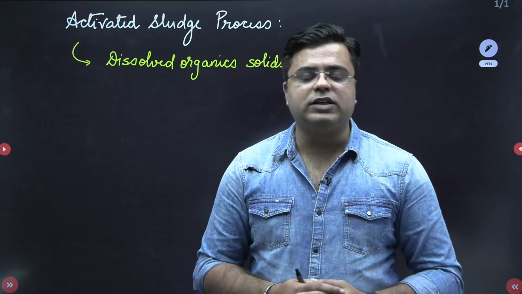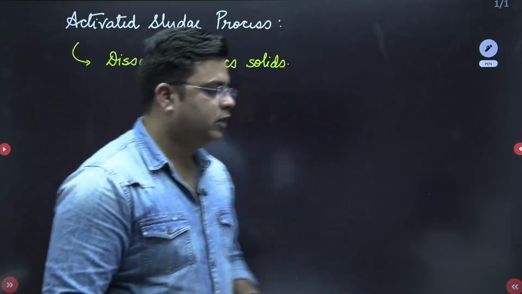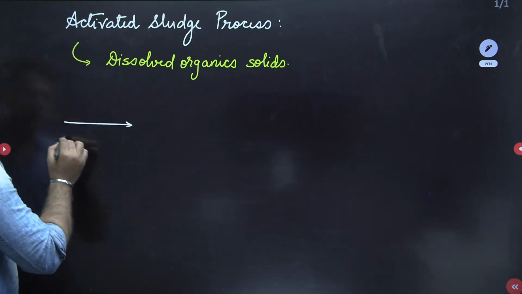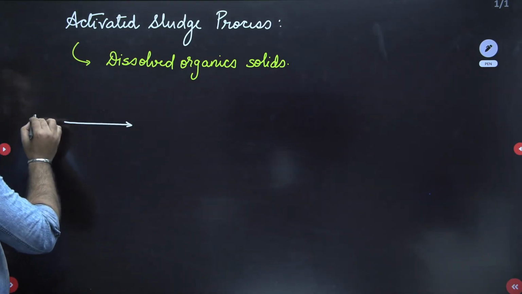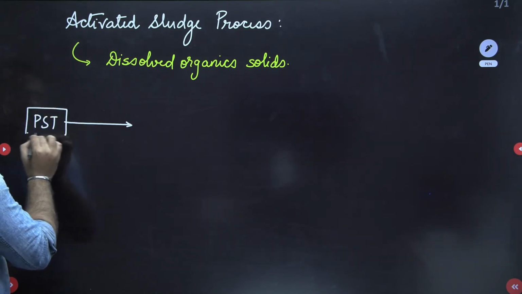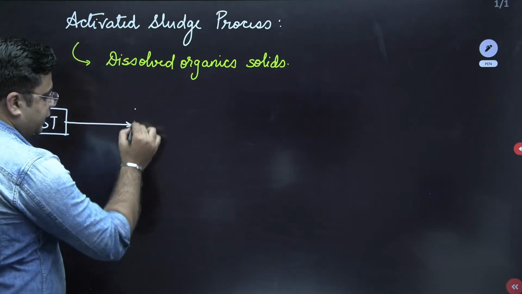This activated sludge process has two parts or two segments. We have the settled water from the primary sedimentation tank, PST. This water is sent to the aeration tank.